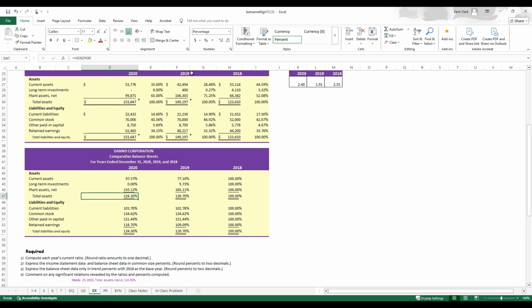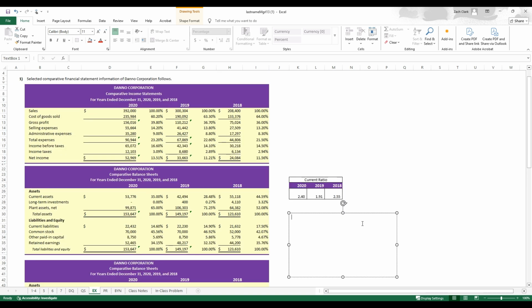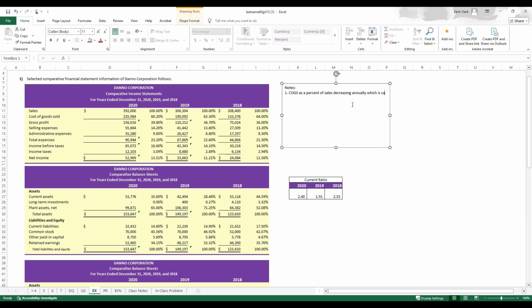Let's go ahead and insert a text box here, and we can summarize what we just looked at. So I think the first thing that we were analyzing here, and we'll just call this notes: COGS as a percent of sales decreasing annually, which is causing gross profit to rise.